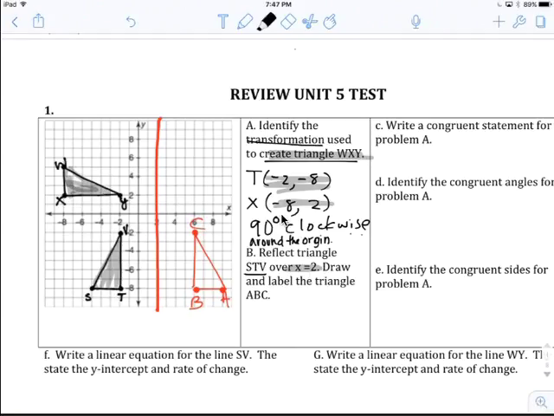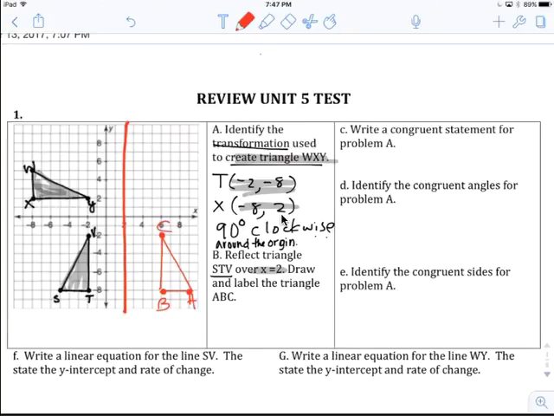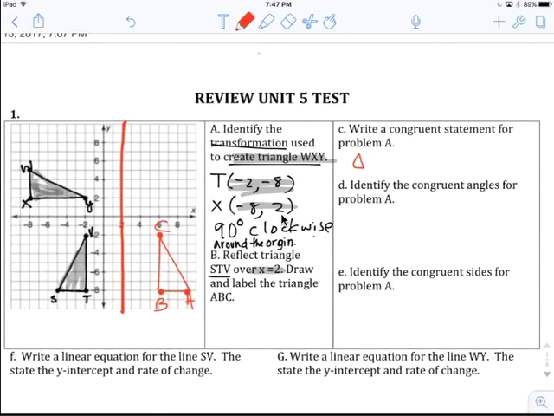Okay, for problem A. Okay, we know that triangle STV is congruent to triangle WXY.